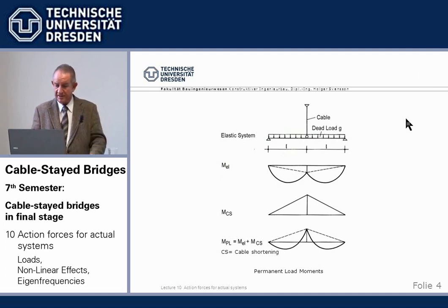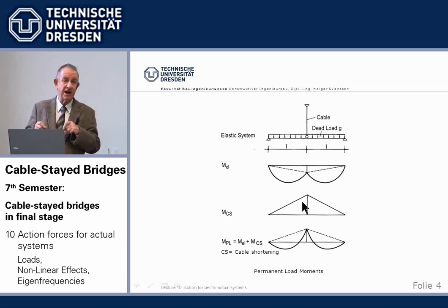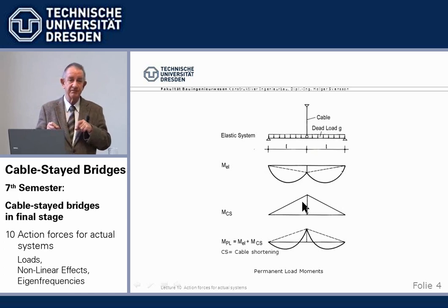The first part, we have here a simplified system, is when we place the dead load onto the real elastic system, and then we get a run of moments like this. Understood? And now comes the trick. We apply a second loading, which I call cable shortening.